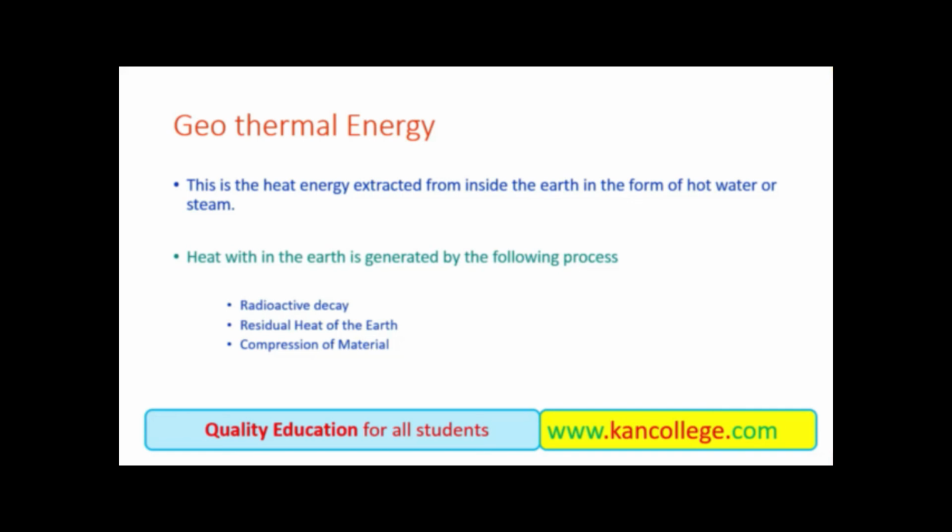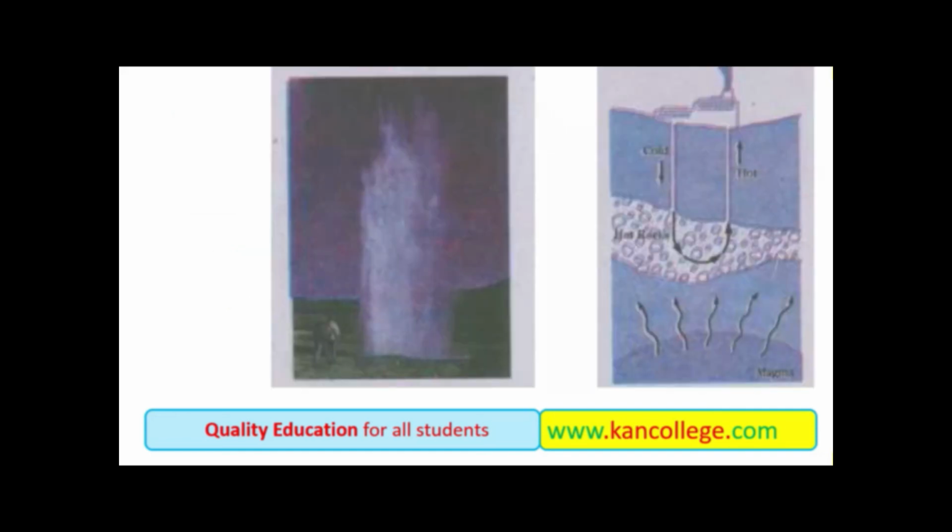Another geothermal source of energy is because of the compression of material. When a large amount of mass inside the earth is compressed, or the earth's crust compresses the rocks and material inside, because of high pressure the temperature increases.